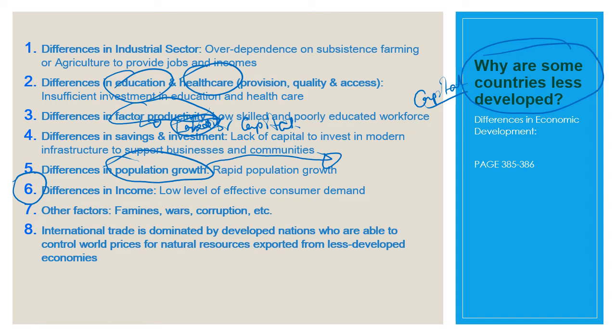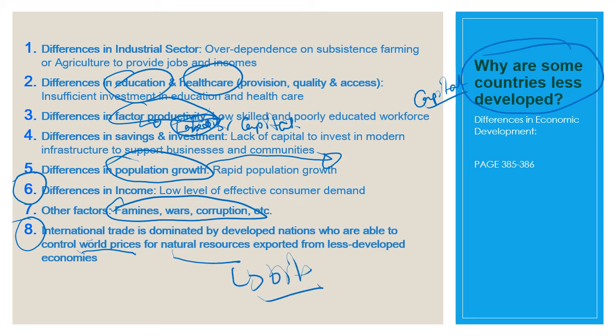Okay, the seventh factor would be famines, wars, and corruption. Usually, these would be found in the least developed countries and not in the developed. The final reason would be that international trade is dominated by developed nations who are able to control the world prices for natural resources such as oil, and they import from less developed economies.